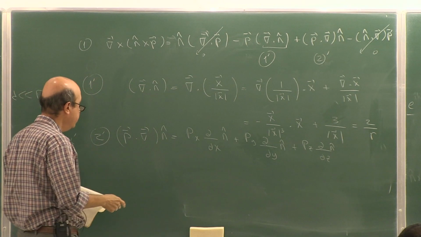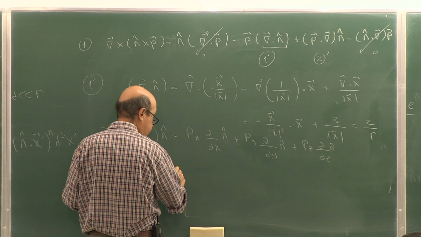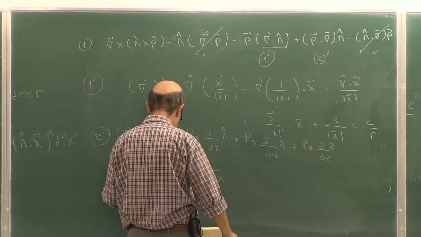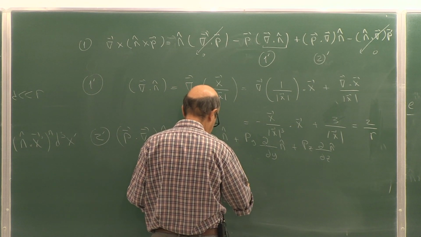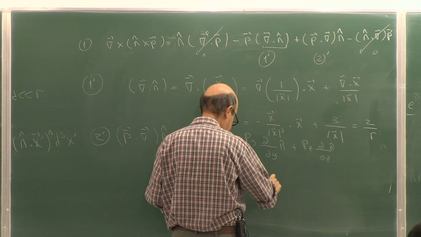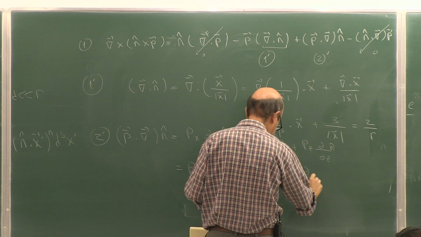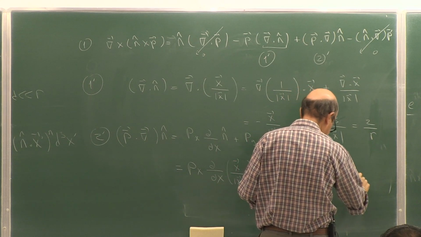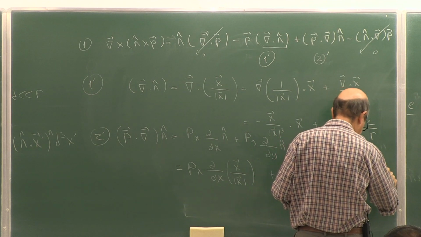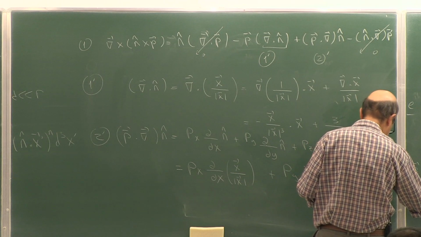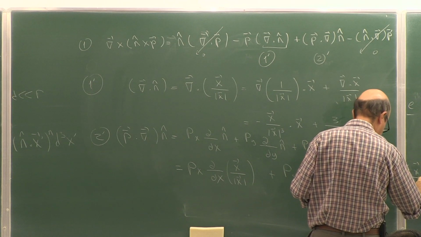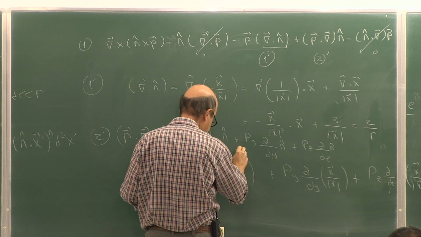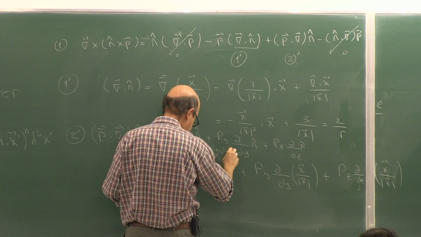So n is again a unit vector, x over the x magnitude. That is equal to px del over del x of x over x magnitude, and similarly py del over del y of y over x magnitude, and the same thing, pz del over del z of z over x magnitude, times the unit vectors. The x vector is x i plus y j plus z k.